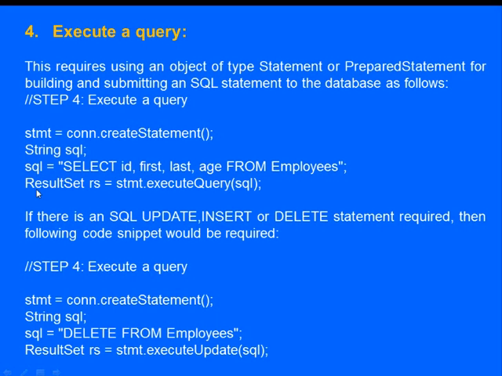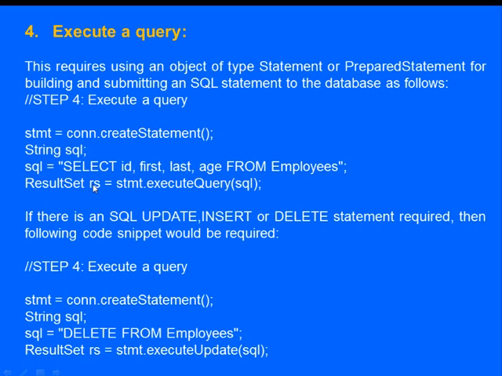Now we want to execute the query. So ResultSet rs = stmt.executeQuery(sql), and sql is being passed to the executeQuery method as an argument. So it will execute whatever is there in sql. ResultSet rs is a result set.